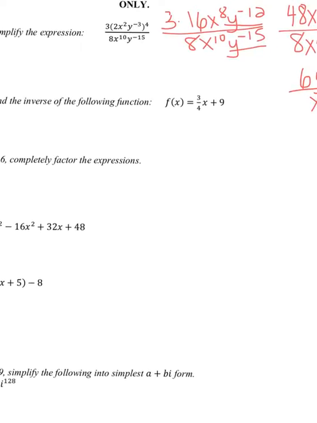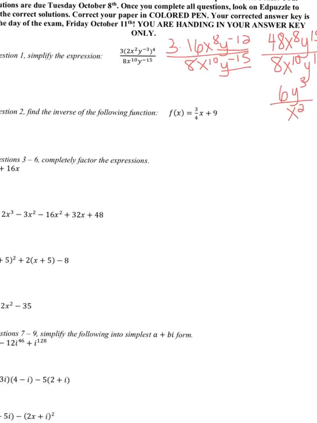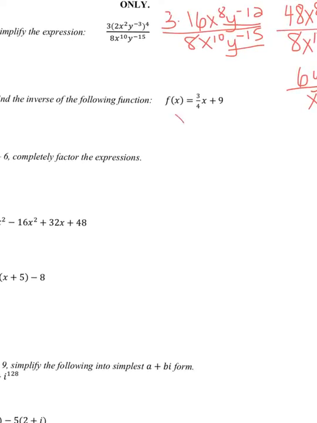For number 2, find the inverse of the function. So I'm going to switch the x and the y. So this is now x equals 3 over 4y plus 9. Now I'm going to solve for y, so I'm going to subtract the 9 over, so x minus 9 equals 3 over 4y.